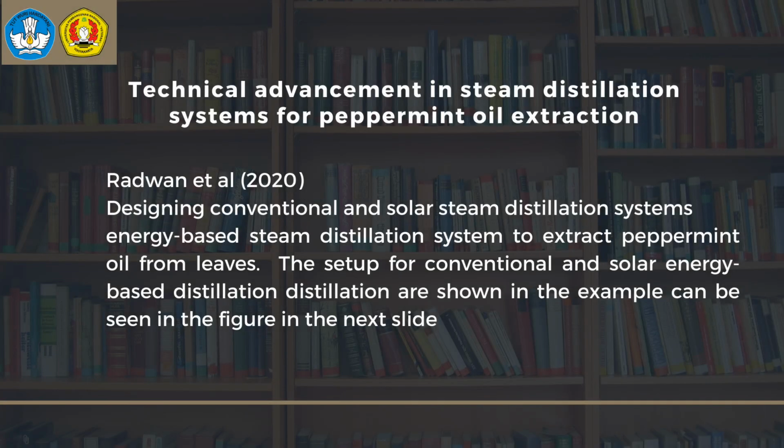Okay everyone, let's go to the first discussion about technical advancement in steam distillation systems for peppermint oil extraction. The first, according to Lat et al. 2020, is designing the conventional and solar energy based steam distillation system to extract the peppermint oil from leaves.